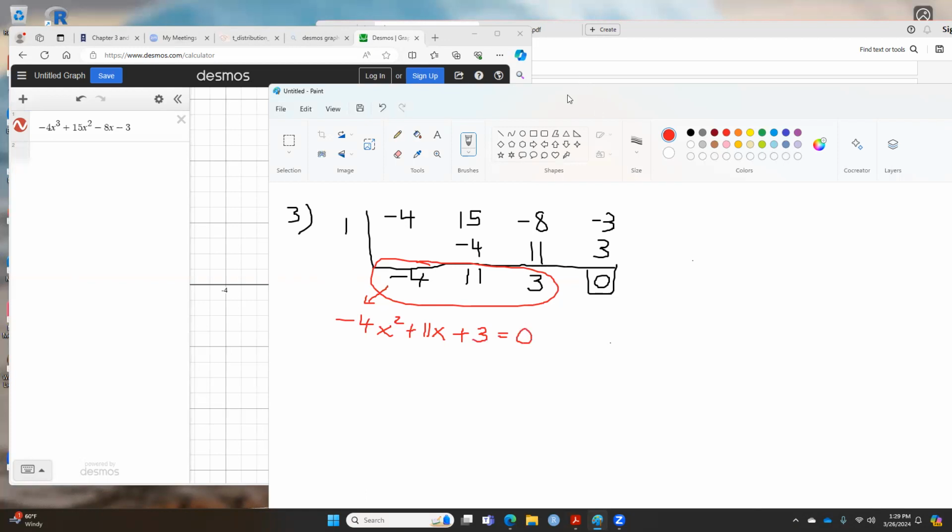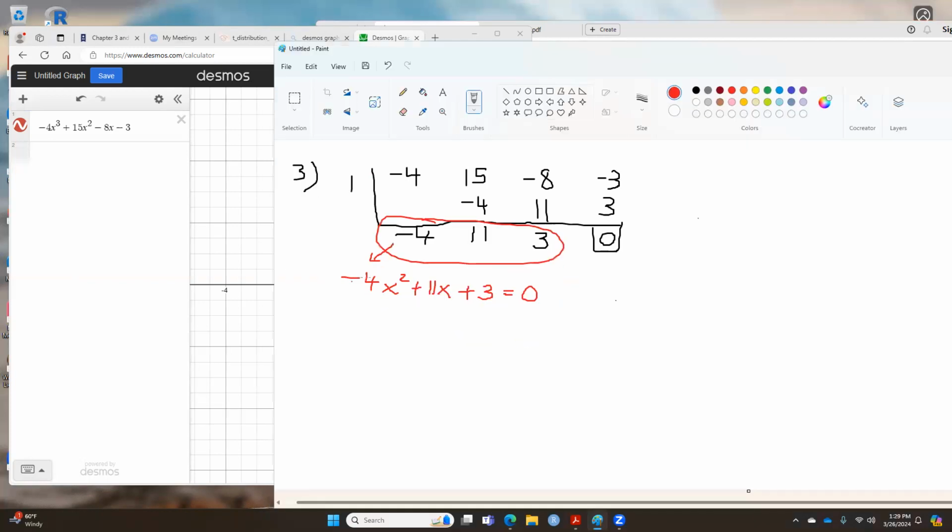Now, when you do factoring, you do not like this negative in front, but if you do the quadratic formula, you can have a negative. So the first thing I do here is multiply the whole thing by -1. So this will give me 4x squared minus 11x minus 3 equals 0.